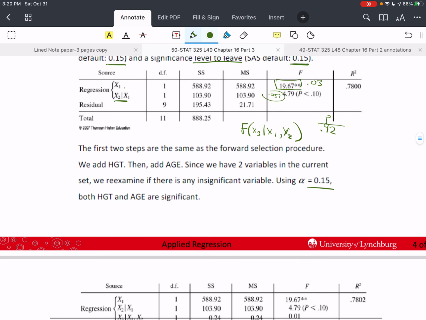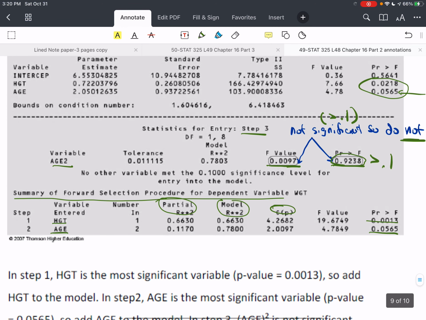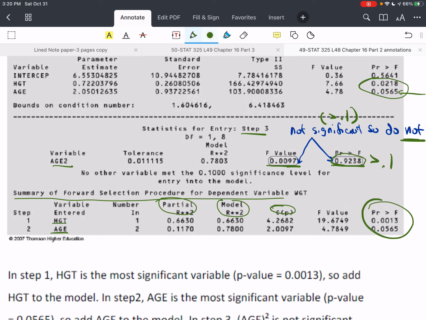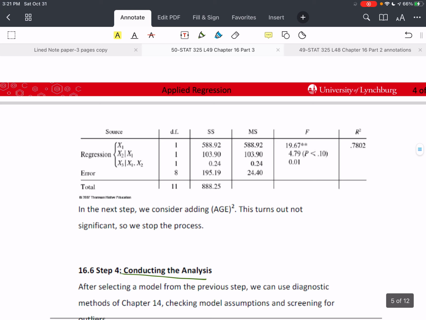And once we have both in the model, let's see if we can see the model with them in there. With both variables in the model, it's over here. We see that height has a 0.0013 and age has a 0.0565 p-value. So both are less than 0.15, so we do not remove them from the model. Okay.